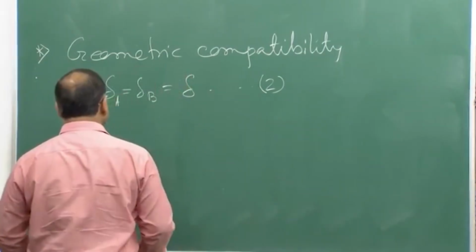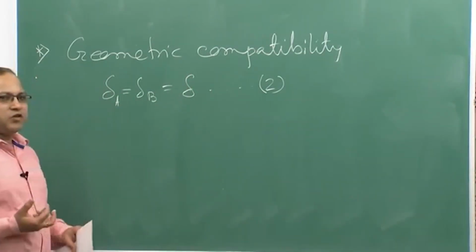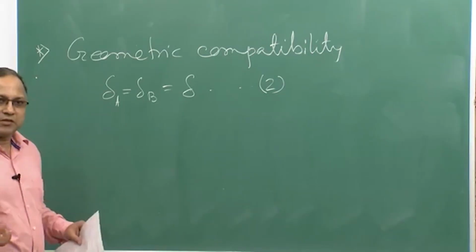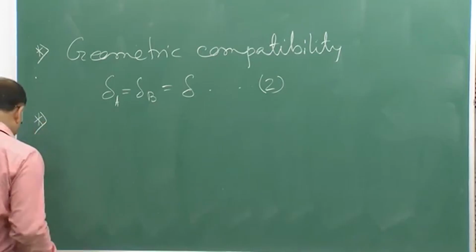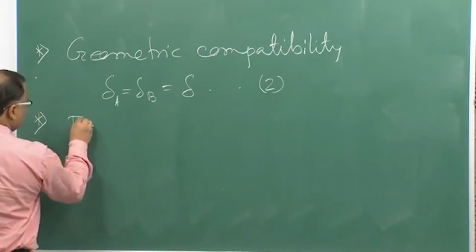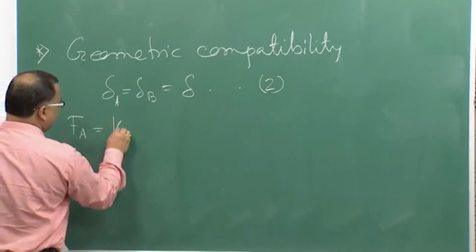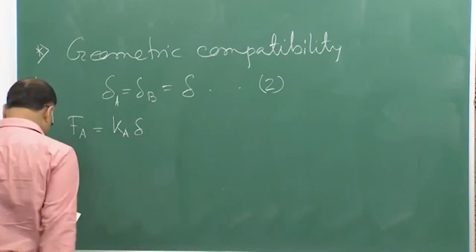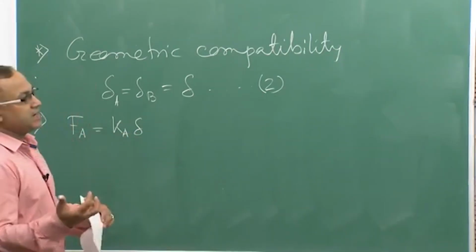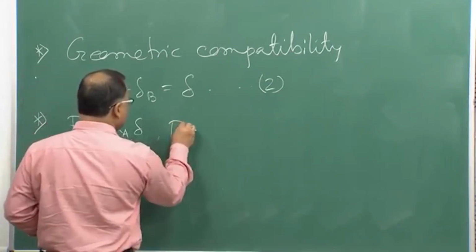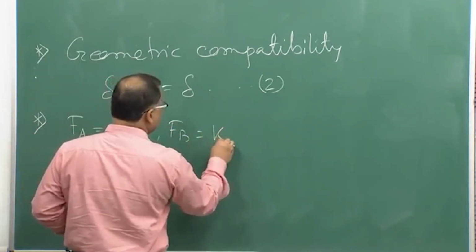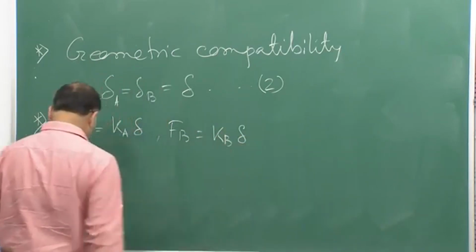Now, in the third step we are trying to establish the relation between the force and the deformation as per our previous discussion, right. In the third step, we already know F A equal to K A delta. Instead of delta A and delta B, we can simply write delta because they are equal, and F B equal to K B into delta.